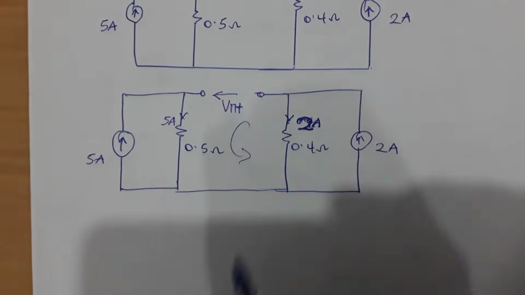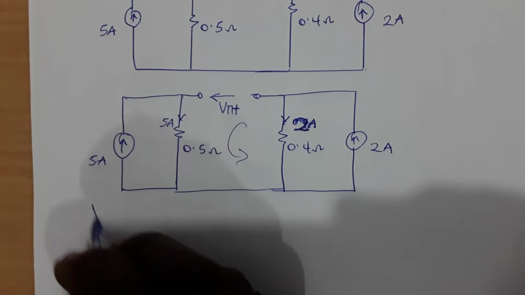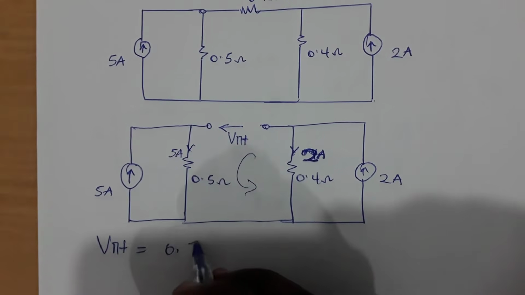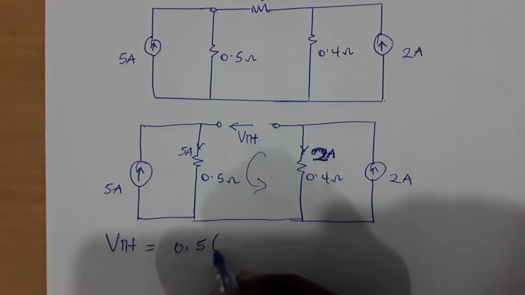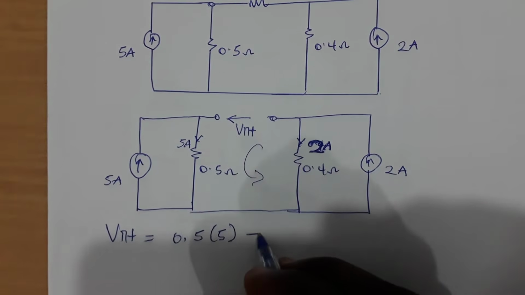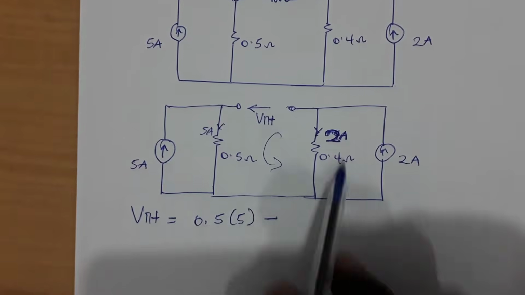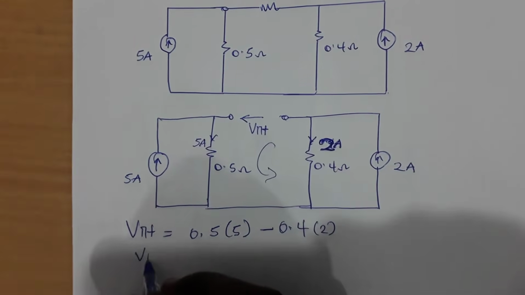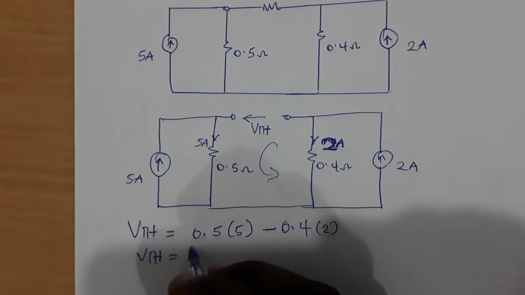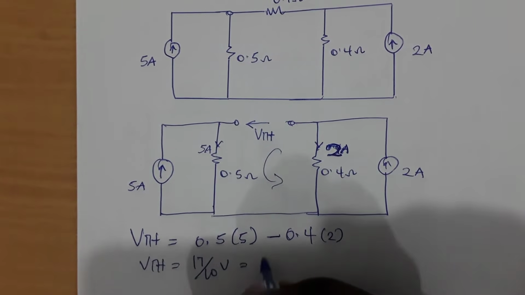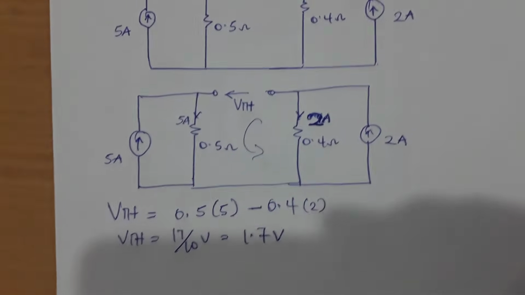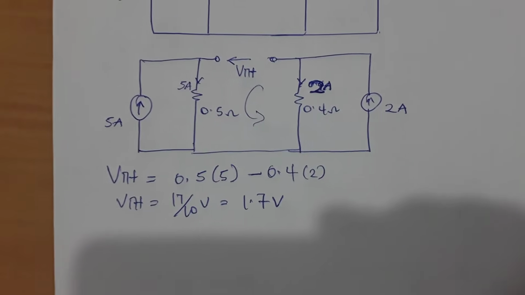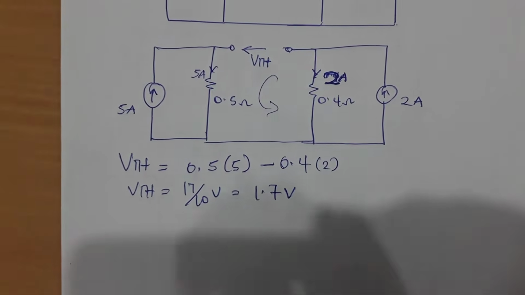Going this direction using KVL, VTH should be equal to 0.5 ohm times the current, that is 5 amperes, minus, because this current is opposing our direction, 0.4 times 2. So our VTH should be equal to 17 out of 10 volts, which is the same as 1.7 volt.